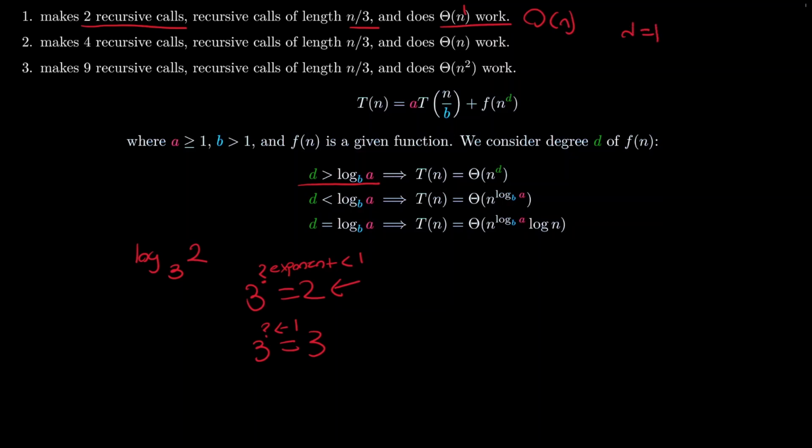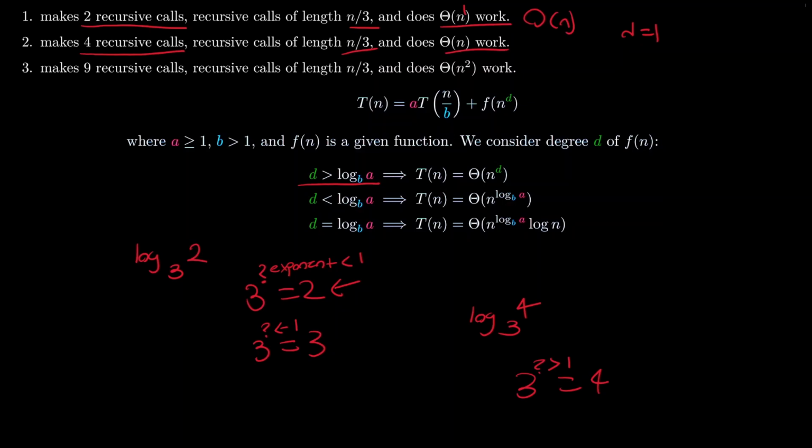This next one, we see 4 recursive calls. So 4 recursive calls, start plugging it in, subdivided by 3, log base 3. So 3 raised to what gives us 4? Well, we know this is going to be greater than 1.